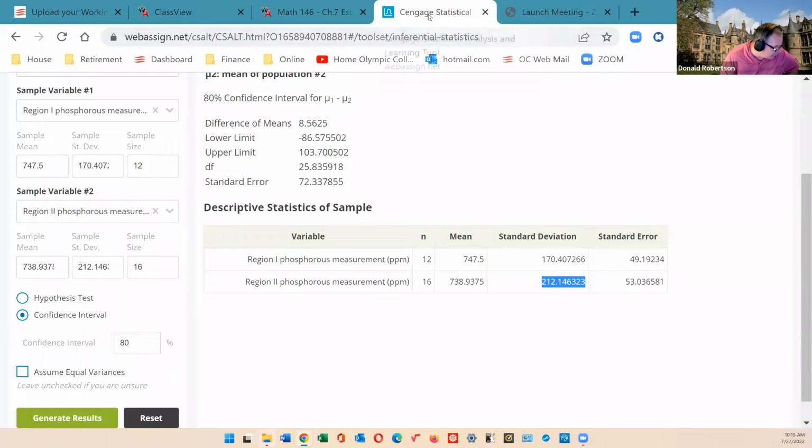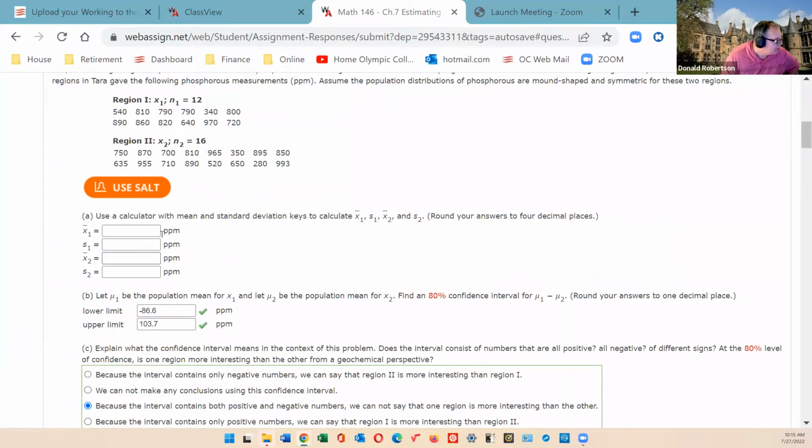So in this question, we've got all these numbers, and I'm now going to pull this out over here, and they want to know the mean of the first group. So I'm copying and pasting it, and it goes in here. And you want to know the standard deviation of it. Basically, just copy and paste.